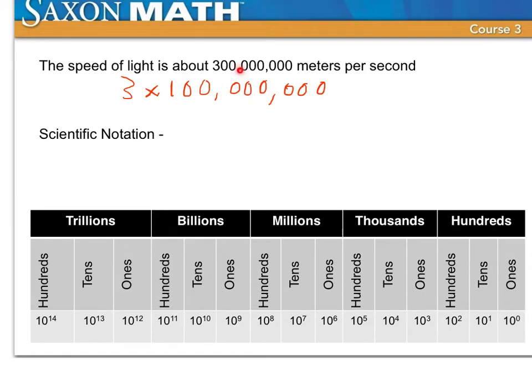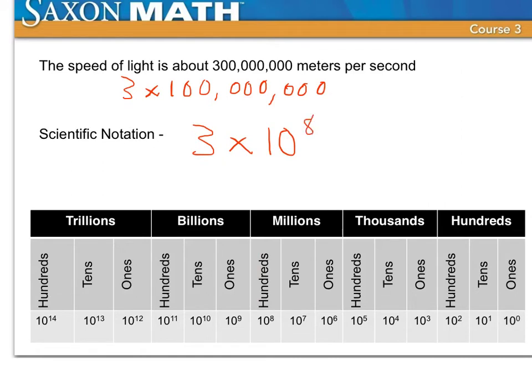But if I put it right here after the 3, that would make 3.0 with a lot of zeros after it, which is the same as 3. So my number between 1 and 10 is 3. Then we always have times 10 to some power. I'm taking 3 times 100 million. If you look down at your table here, 100 million is 10 to the 8th power.